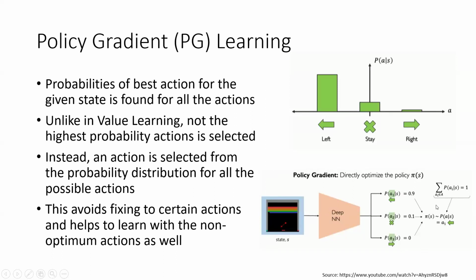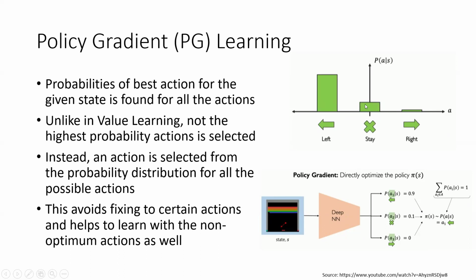And what happens in the policy distribution is that it would be a distribution of each of the policies. So here you are not always selecting the action A1, but you would probabilistically select a value from this probabilistic distribution, right?